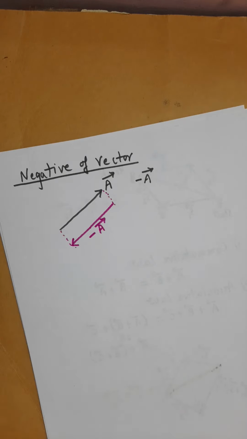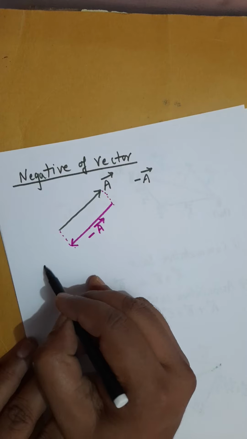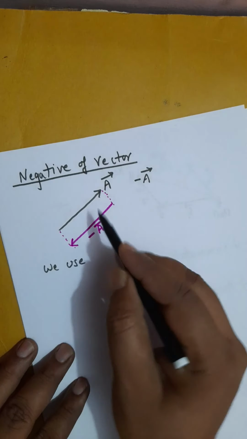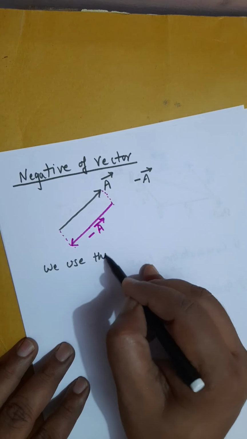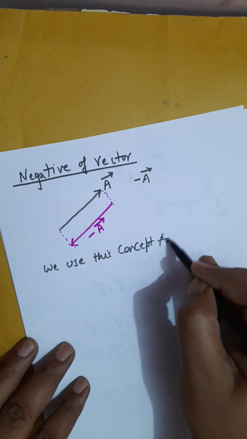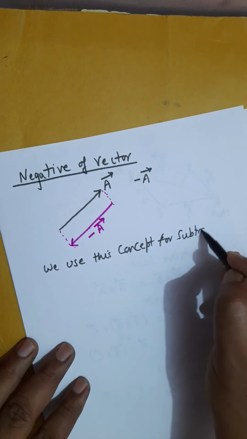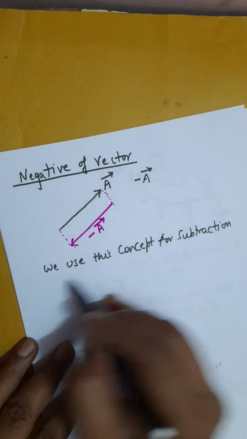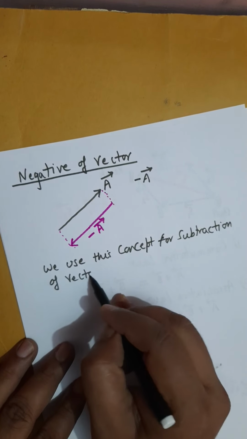They are exactly opposite to each other, and we will use this concept for subtraction of vector. We use this concept, which is negative of vector, for the subtraction of vector, and let's see how.